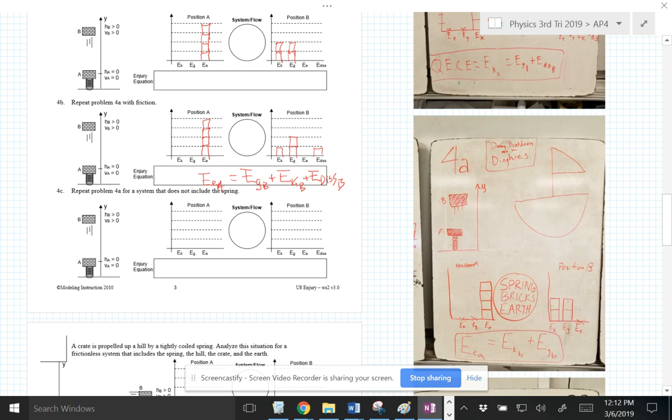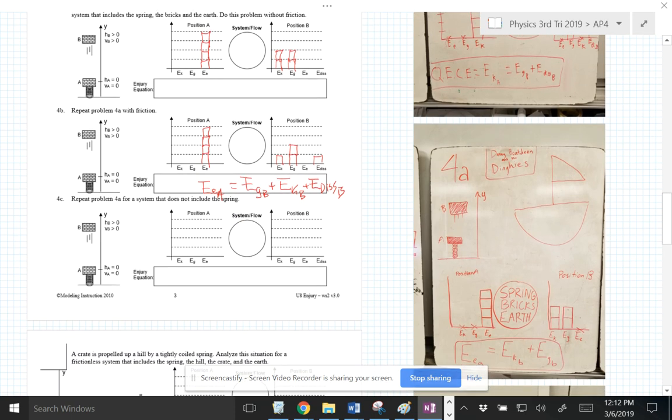All right. Repeat problem 4A for a system that does not include the spring. So long story short, what's going to have to happen here if the spring is not in the system? Working is going to occur. So I've got bricks and earth. And so the energy doesn't start out in the system. 1, 2, 3, 4 blocks of energy.